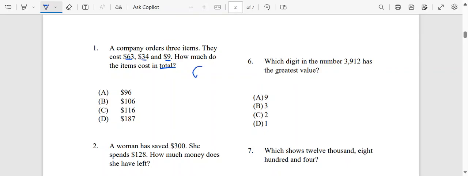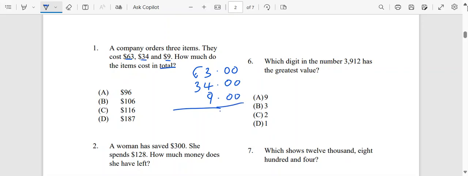So we have $63 and we have $34 and we have $9. All right, let's put some zeros right there as placeholders for you, so you know what you're working with.